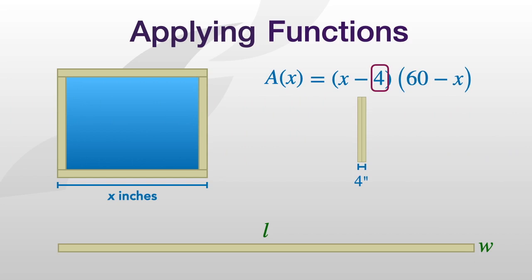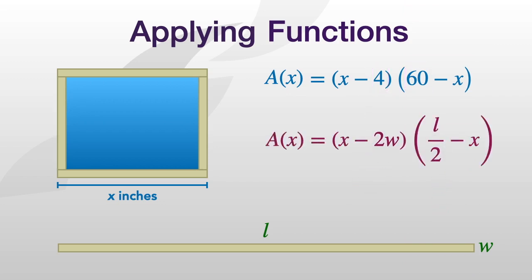So generally, this is 2W. We saw the 60 when the height of the picture was at a minimum. And this is half of the board length, or L divided by 2. So our general function for this problem is A of x equals x minus 2W times L divided by 2 minus x.